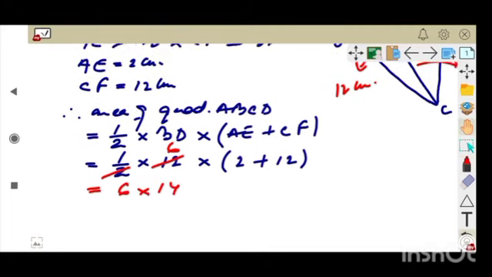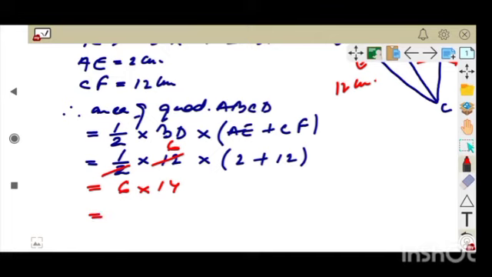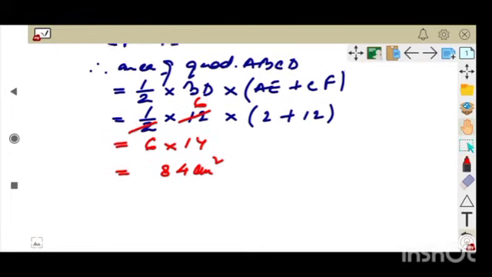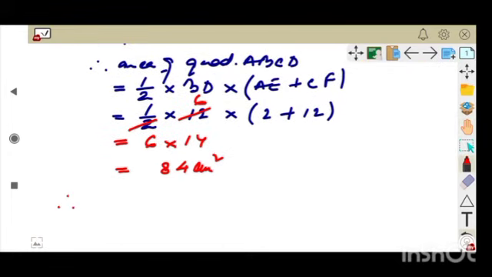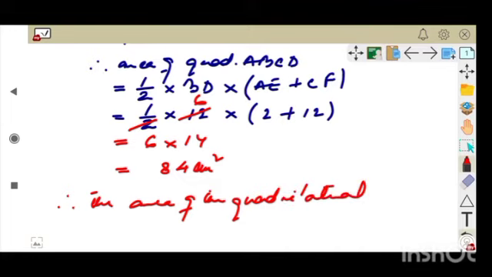So 14 into 6, 6 4 is 24, 6 1 is 6, 8, so 84, and this is centimeter square. So let's write here, therefore the area of the quadrilateral is 84 centimeter square.